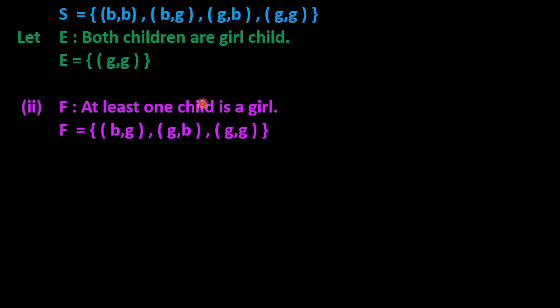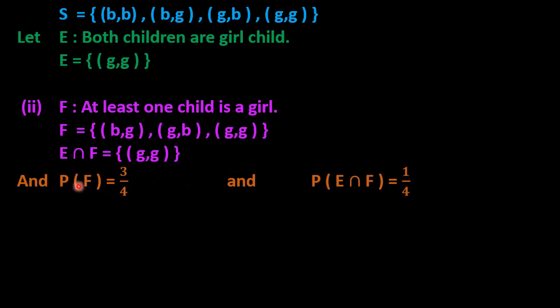And then we find E intersection F. So in the set E and set F, only one element, which is G comma G, is common. So we write E intersection F equals to G comma G. And then we write the probability of an event F, which is given by P F equals to number of elements in the set F is 3 divided by total number of elements in the sample space is 4.